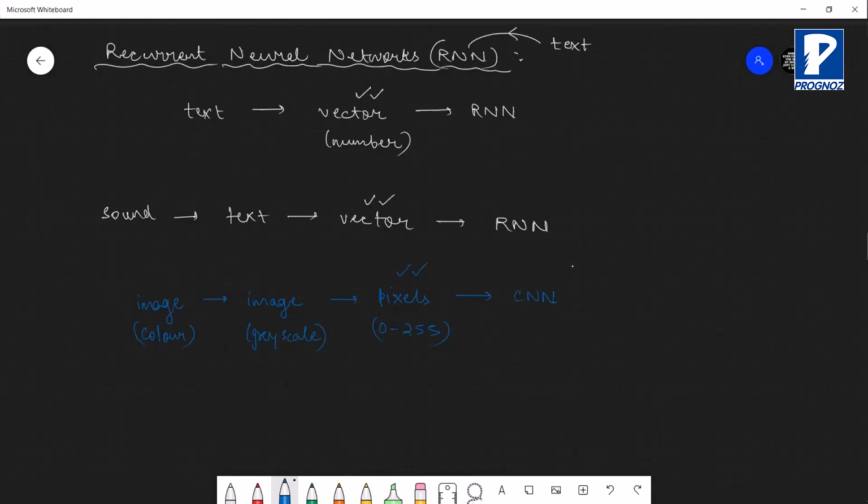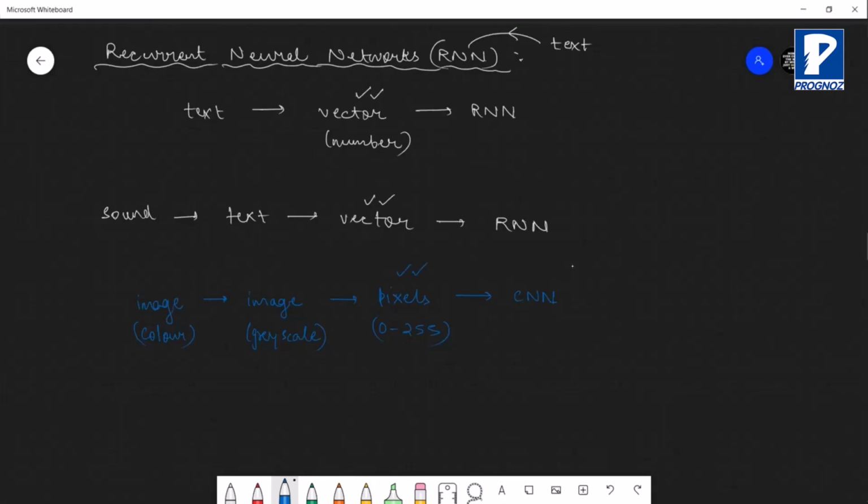If we talk about CNN, you can say that in case of CNN we give input as image, in case of RNN we give input as text. But at the back of your mind you should always keep this picture very clear that text we say, but that text has to be converted to number in between, and then only it will be able to work as input to your RNN model.